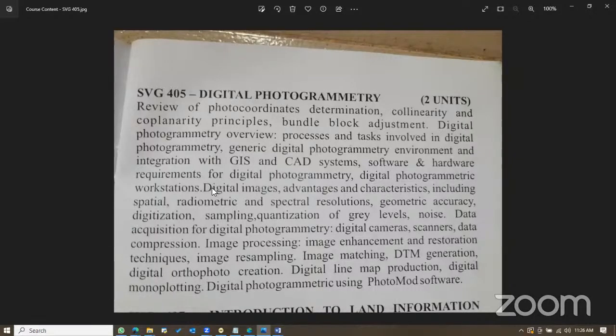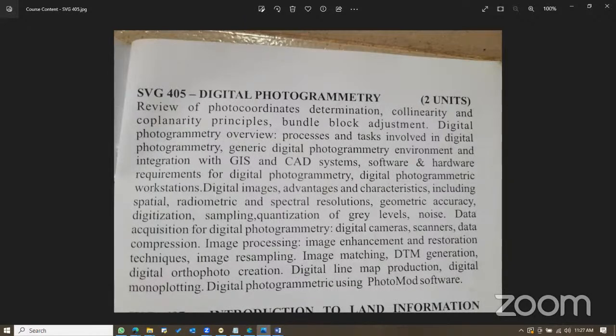So you have been exposed to the concept of photogrammetry, both analog and analytical, even stereo photogrammetry. This part is digital photogrammetry, where all the concepts we have been used to are now being put into concrete practice and developed.